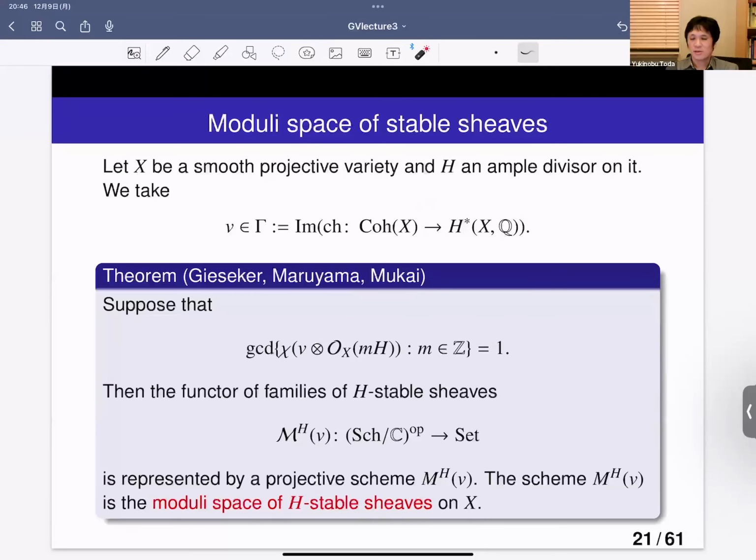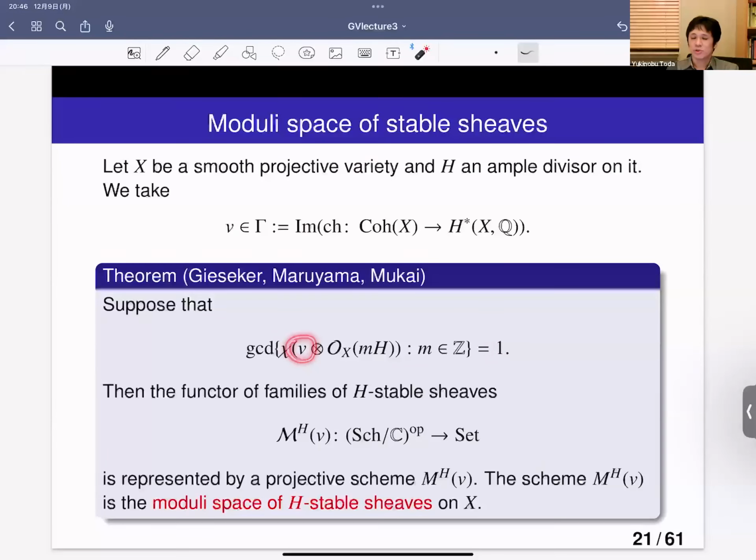In the one-dimensional case, I assumed that the rank and degree are coprime. In the higher dimensional case, the corresponding condition is that the greatest common divisor of the coefficients of this Hilbert polynomial is equal to 1.